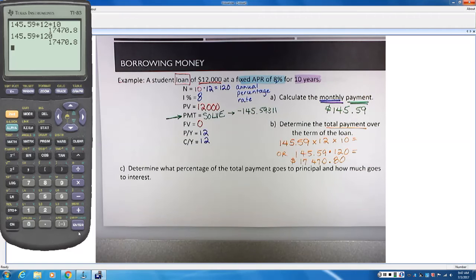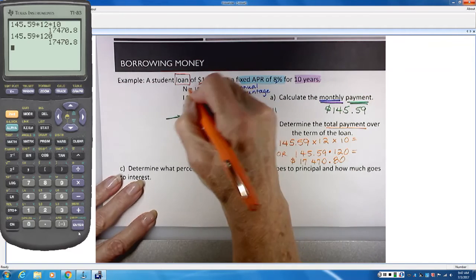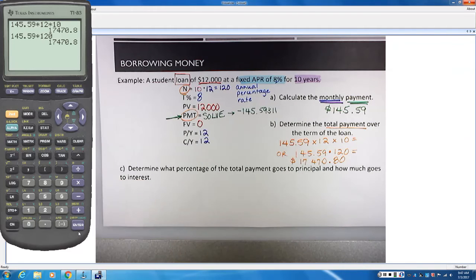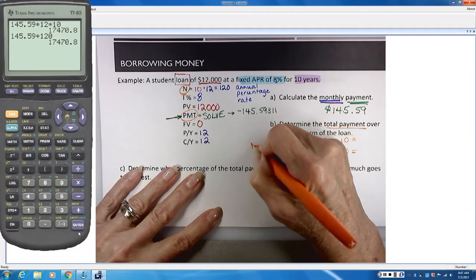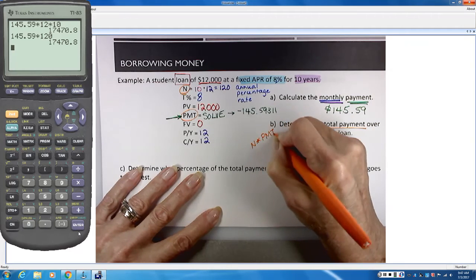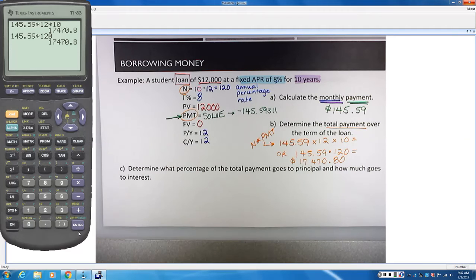The amount per payment times the number of payments. So in other words, we get part B by multiplying N times payment to get our answer.